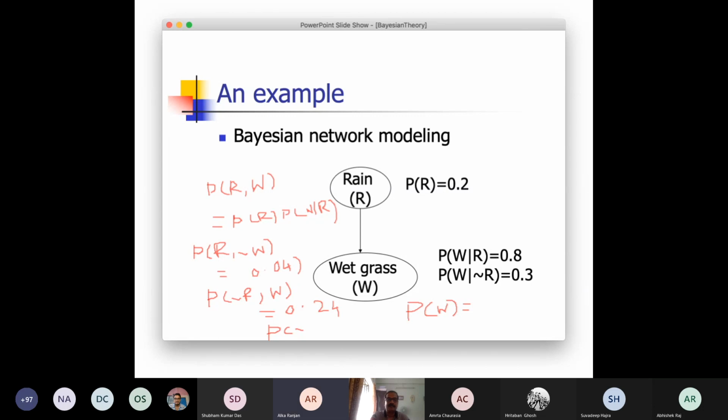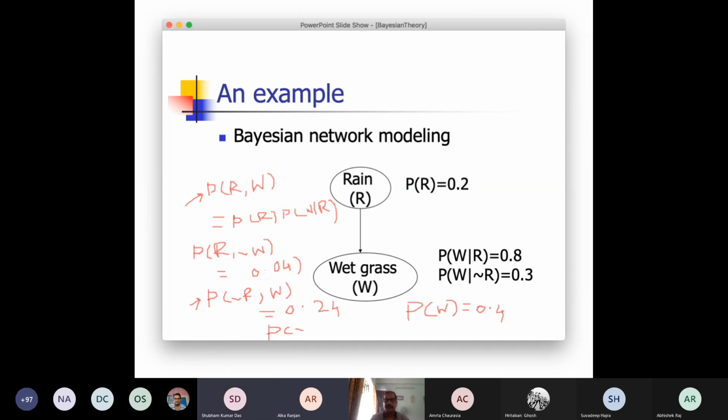That means you have to sum the probability of W and R, and the probability of W and not R. So this is 0.24, and this is 0.16. It makes 0.4. So the probability of W is 0.4, and the probability of not W is naturally 0.6. Is this clear?